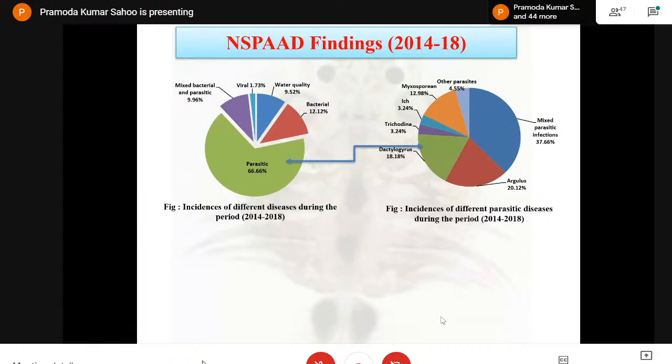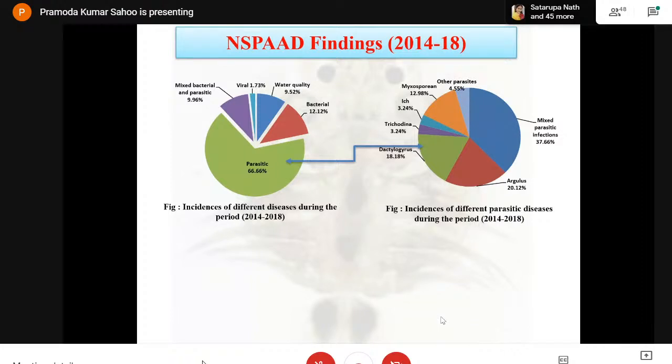If you see the figure, it does not differ across the states. We also conducted a massive survey during 2008 to 2012. If you see the results, every alternate pond in the system is mostly infected with this particular parasite in freshwater fish culture systems.